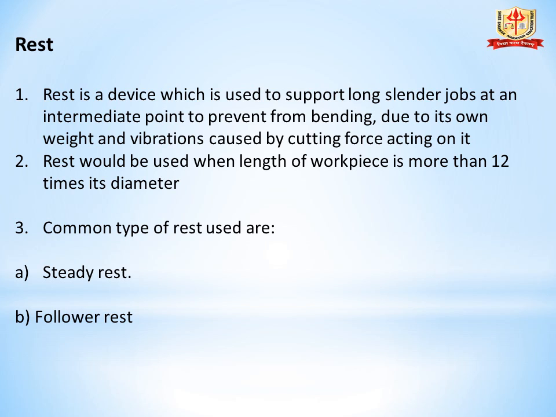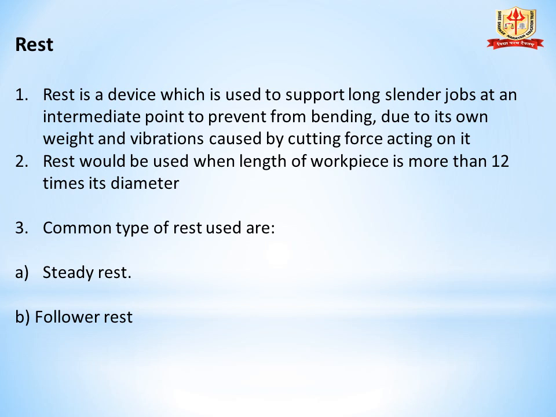Now study the rest. First point, a rest is a device which is used to support a long slender job at an intermediate point to prevent it from bending due to its own weight and vibration caused by cutting forces acting on it.